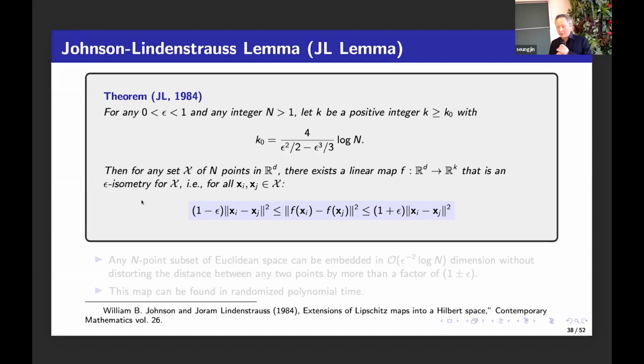So the JL lemma has been widely used for random projections. That means the squared distance between f of x_i and f of x_j is bounded by 1 plus or minus epsilon times the distance between x_i and x_j.